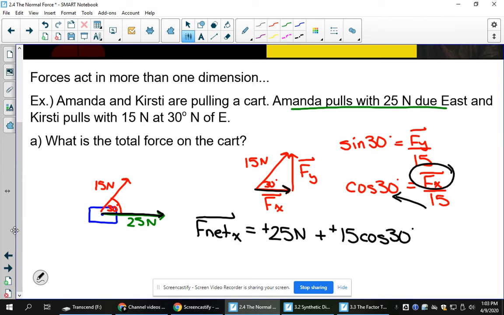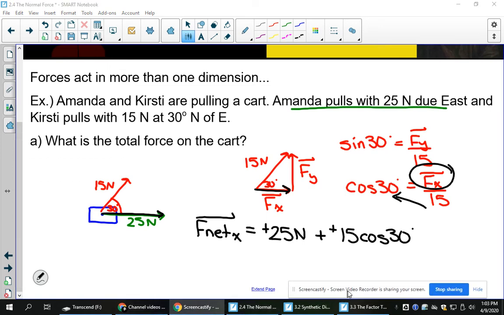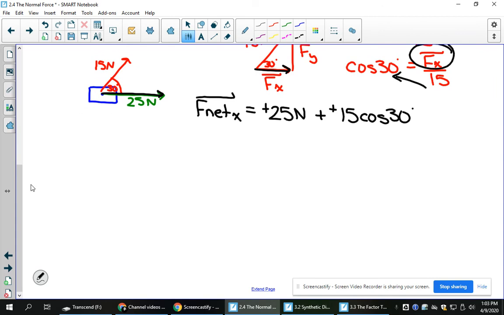We're going to add those together and just leave that answer in our calculators so that we can use all of the decimals in future calculations. And I'm getting an F net in the x direction to be 38 newtons, but of course we have all those decimals as well.